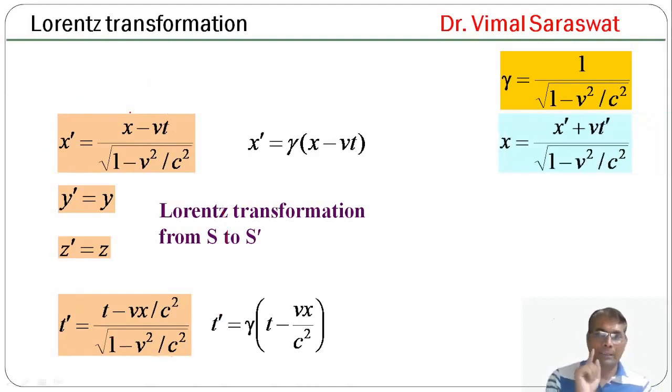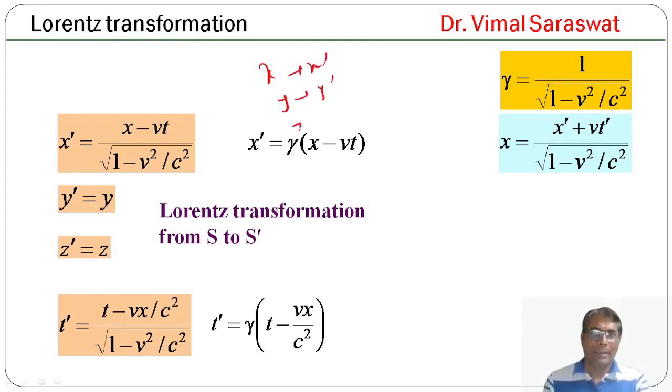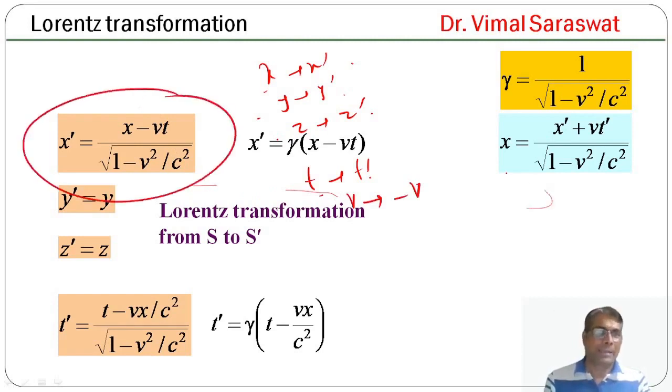To get the inverse Lorentz transformation from S dash to S, we just replace x with x dash, y with y dash, z with z dash, and t with t dash. Also, x dash with x, y dash with y, z dash with z, and t dash with t. And also, v is replaced with minus v. So this equation will be x equal to x dash plus vt dash upon root of 1 minus v square by c square.